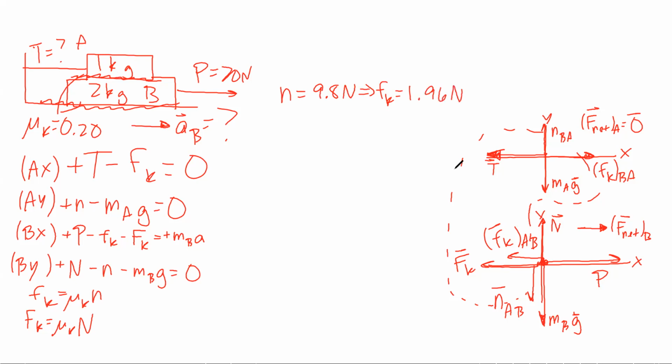So this calculation is not too hard. For big N, technically it's equal to normal plus big mg, but you probably suspected that normal was equal to 3 kilograms times g. That's exactly what it is. So it's 29.4 newtons, that's 3 times 9.8, which is going to make big friction between surface and the block equal to 5.88.